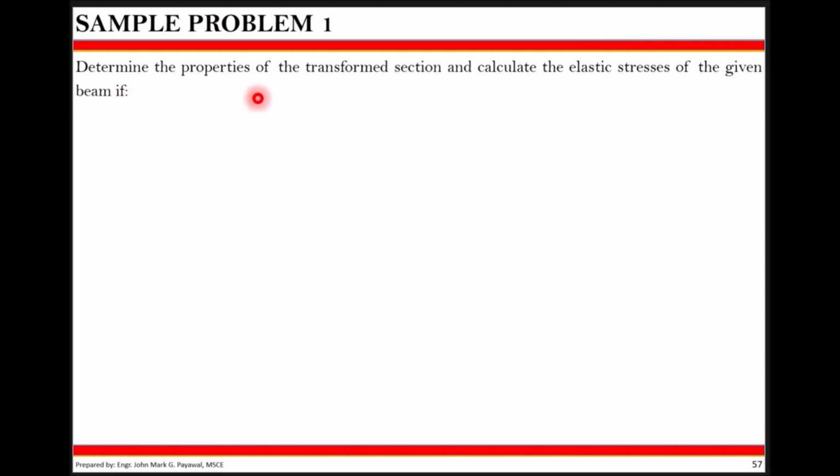Determine the properties of the transformed section and calculate the elastic stresses of a given beam if letter A, your moment given is 30 kilonewton meters. Your letter B, what if the moment is 70 kilonewton meters? And we use your compressive strength of your concrete, fc prime, equal to 21 megapascal.